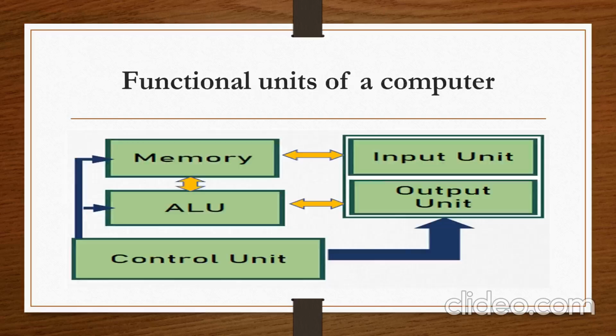So let us look at the functional units of a computer. The computer has three functional units: the arithmetic logic unit, the control unit, and the CPU.